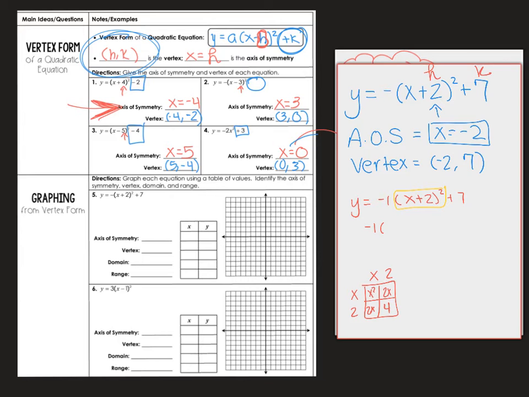I end up getting x squared plus 4x plus 4. The next step using order of operations would be to distribute that -1. And then the last step would be to combine these like terms together that are on the end.